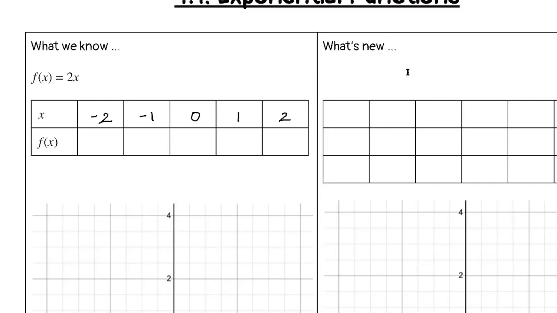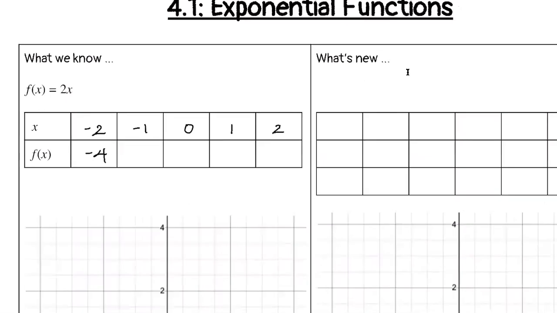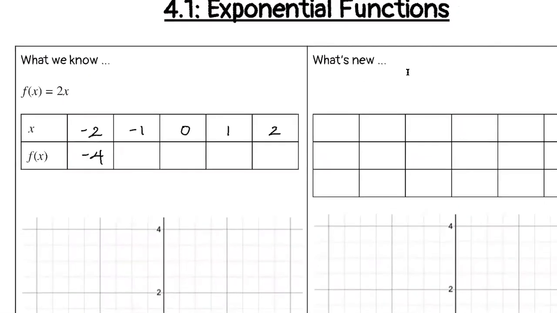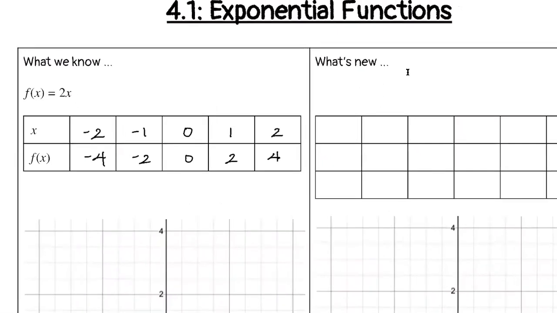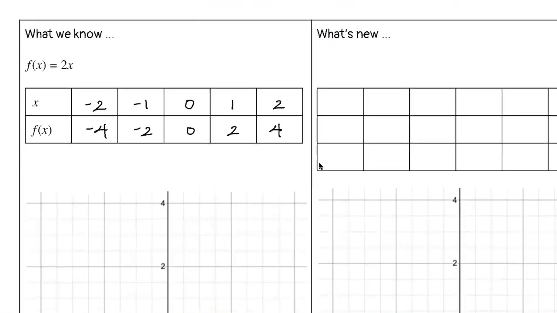Yeah, we get -4. All right, so -4. I plug in -1, I get -2. Plug in 0, I'm going to get 0. I plug in 1, I get 2. I plug in 2, I get 4. Right? So all we did was plug those values in.